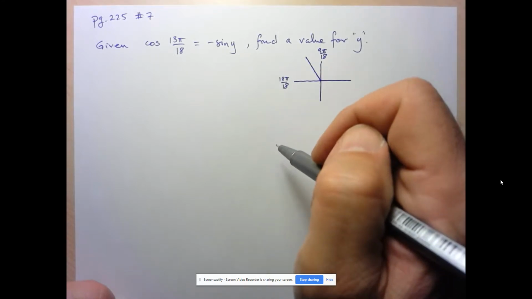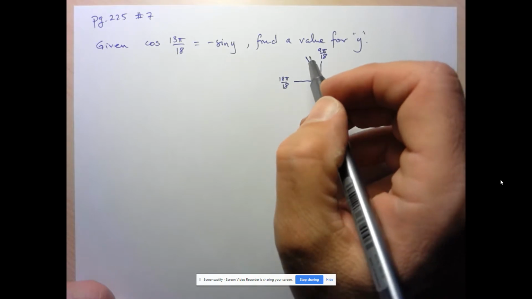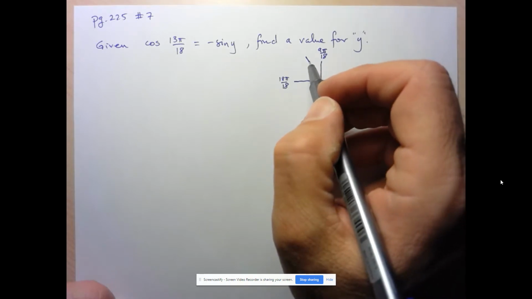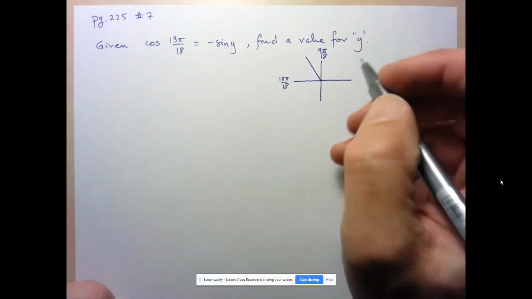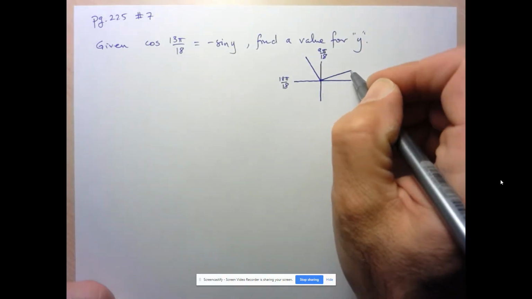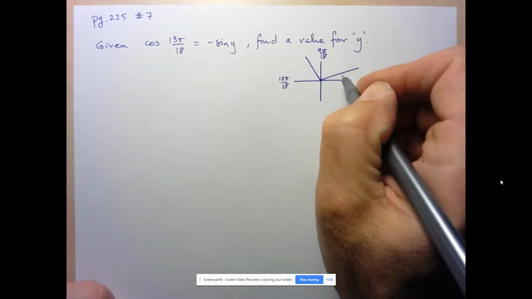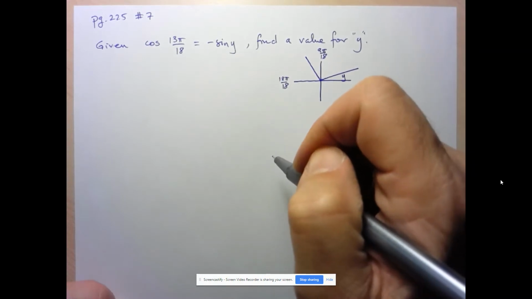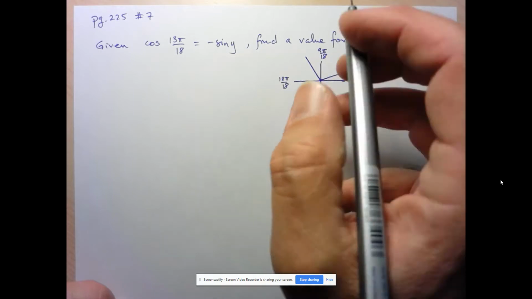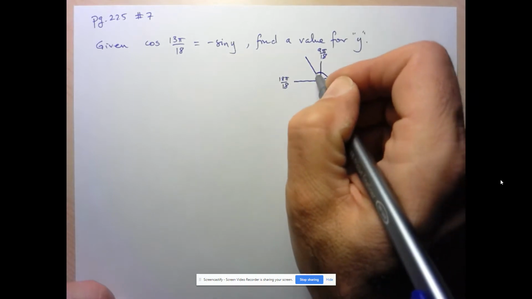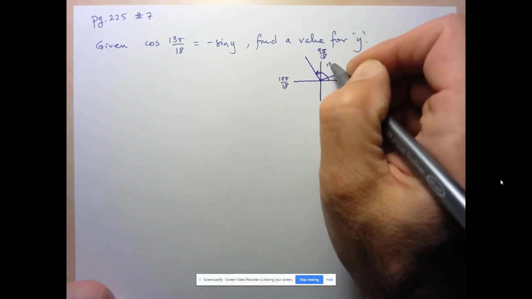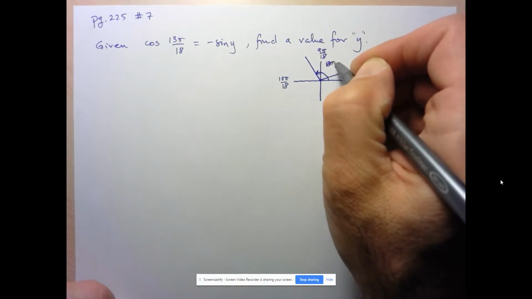All right. Now I know that cosine is negative in this quadrant, and I can compare it to a sine value in the first quadrant. Okay. So essentially here's y is going to be this angle in the first quadrant that I'm looking for, and this angle here, 13 pi over 18.